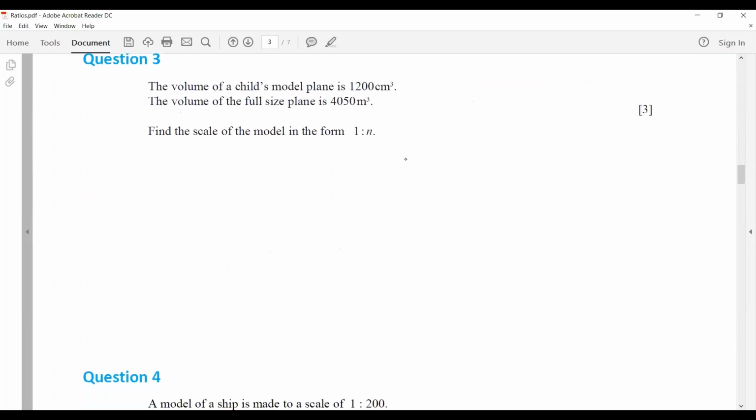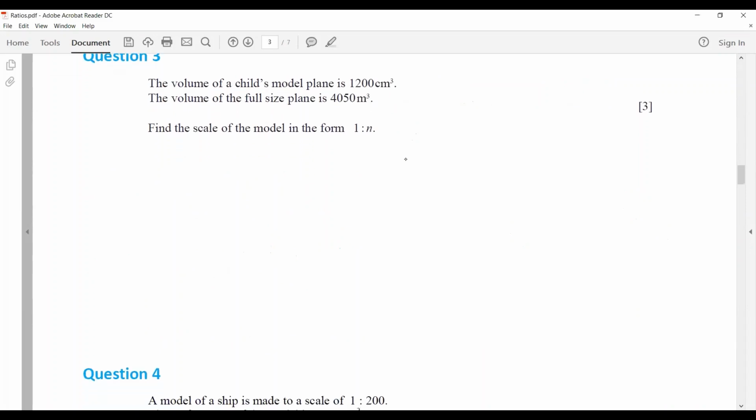Question number 3: the volume of a child's model plane is 1200 cubic centimeters. The volume of the full-size plane is 4050 cubic meters. Okay, so we don't have kilometers here, hopefully.